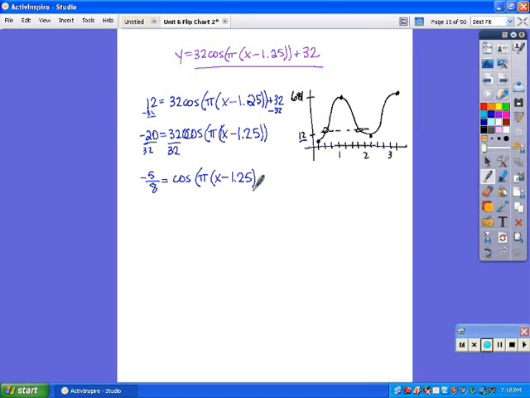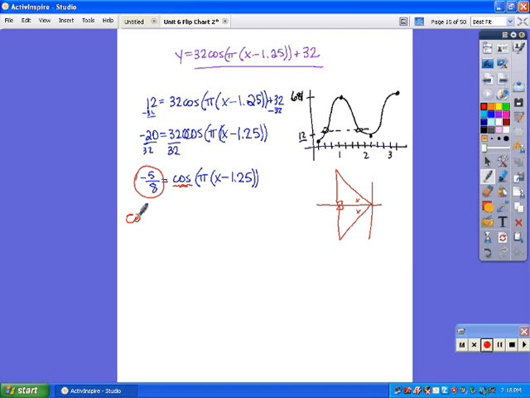Now here's where we have to keep our wits about us and remember some things from earlier in chapter 6 and also chapter 4. We're talking about cosine equaling a negative number. In what quadrants could cosine be negative? Cosine could be negative in the second and third quadrants. So whenever we get an answer here, we're talking about two angle measures. Keep that in mind.